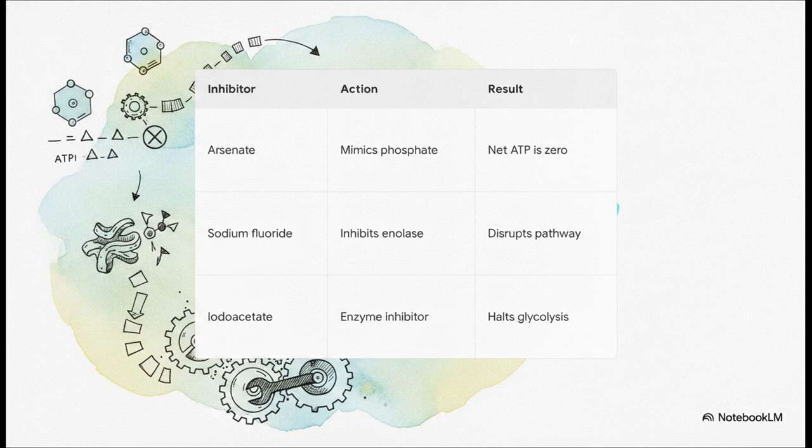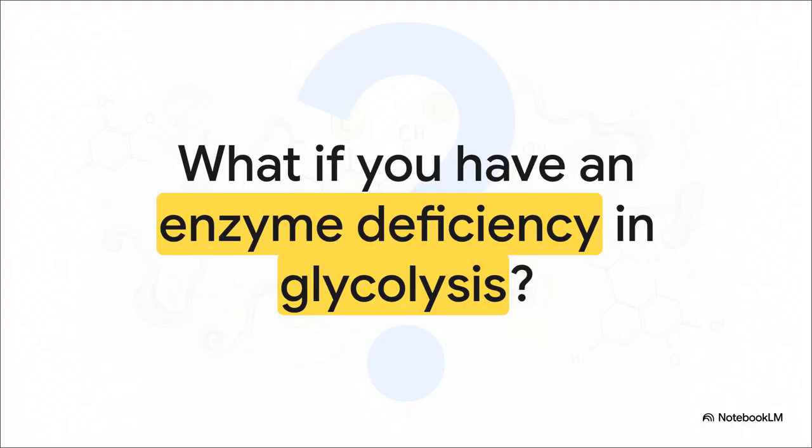Similarly, sodium fluoride specifically targets and blocks the enolase enzyme, completely disrupting the pathway. And finally, iodoacetate acts as a fatal enzyme inhibitor that totally jams the gears, halting glycolysis entirely. It just highlights how precise and delicate this entire sequence truly is. We've seen how external chemicals can break the engine.